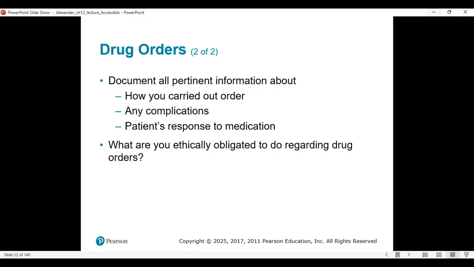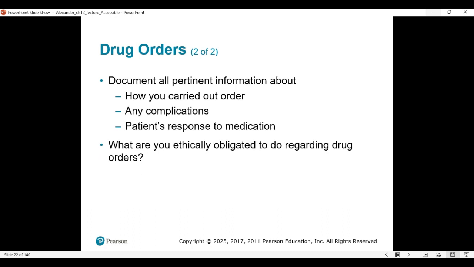What are your ethical obligations? What are you ethically obligated to do regarding drug orders, right? So if it's the wrong order, like we talked about, or the wrong drug, or it's not beneficial for your patient, it's your right. You need to stand up for that patient.